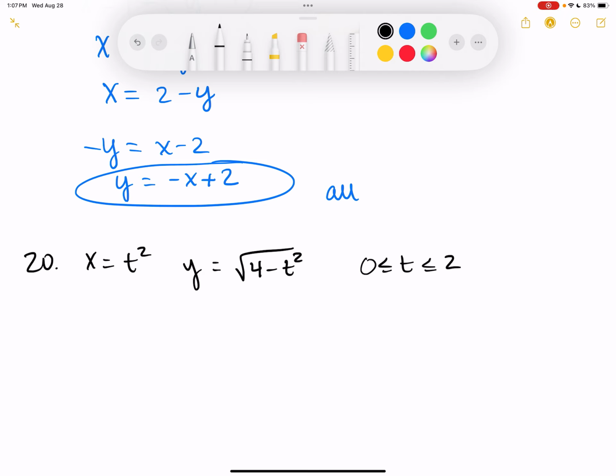I think I'm pretty contented just staring at it. So I need to get t by itself in one of them. So let's do x. Square root of x equals t. Yep.